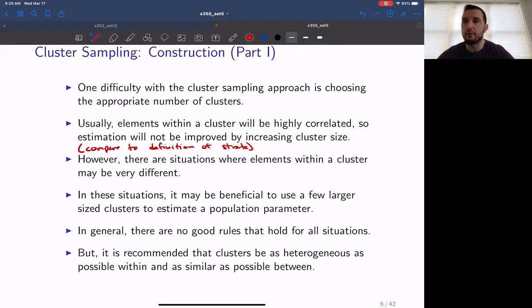So you want the clusters to be in different locations, the same way you want the strata to be in different locations, so that you're not overestimating a particular portion of the population. But the benefit of cluster sampling compared to the stratification approach is that you have a reduction in frame complexity, because the frame is now composed of the collections of units rather than the individual units themselves.